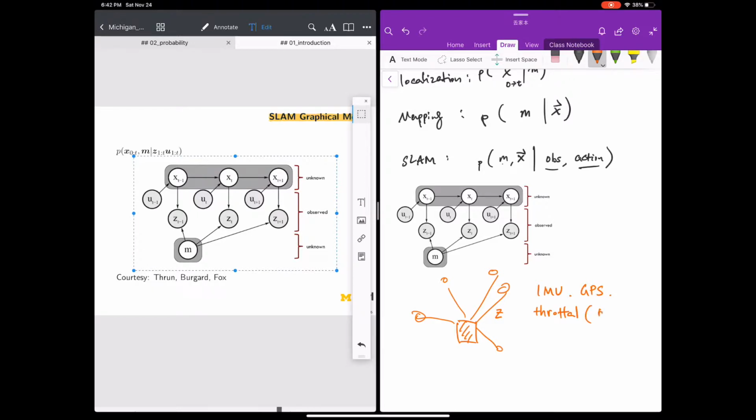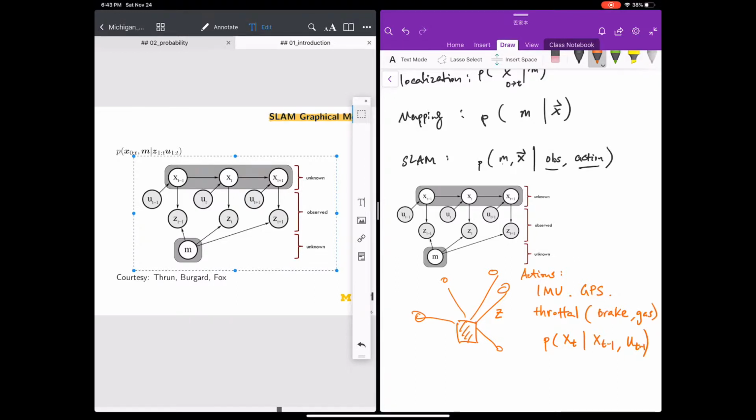I think that includes the brakes and the gas and other stuff, right? So the point being, you know how you can transition. This is called actions. So you know your transition from xt minus 1 and ut to xt.